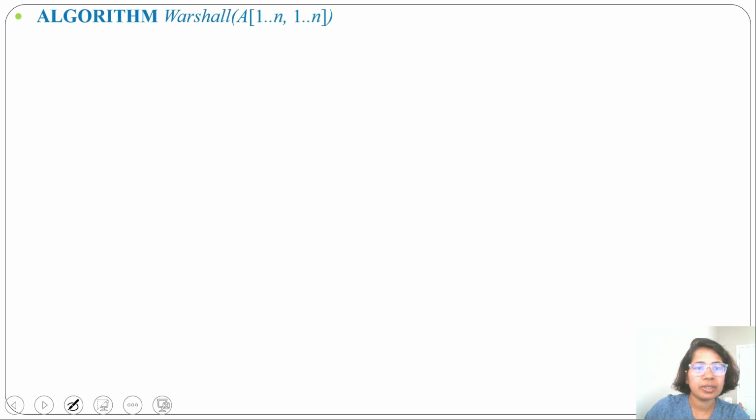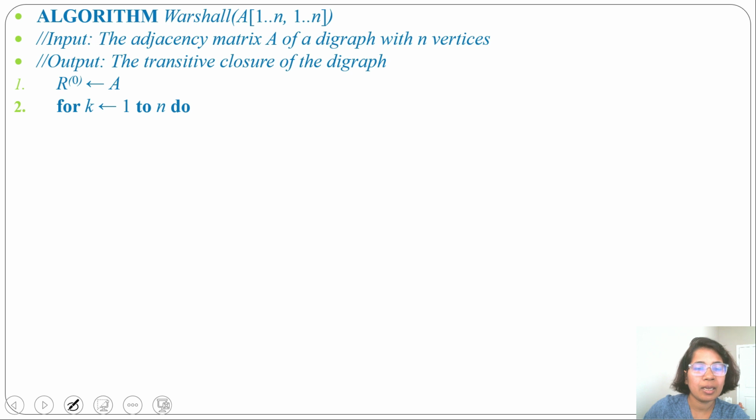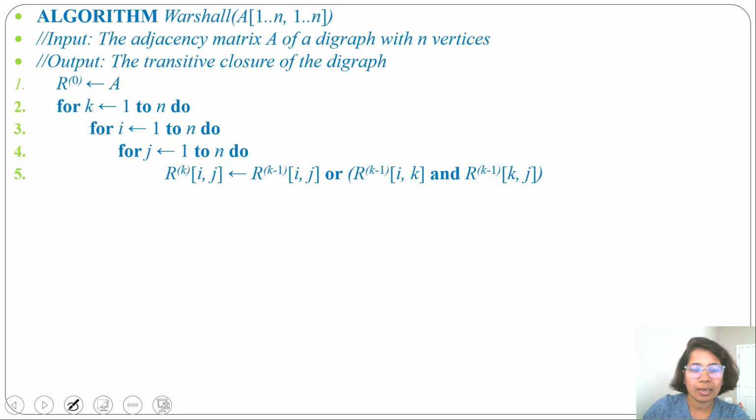Let's discuss Warshall algorithm. Input will be the adjacency matrix and output will be the transitive closure. R0 will be A, the adjacency matrix. For k from 1 to n, for i from 1 to n, for j from 1 to n, R^k[i][j] will be R^(k-1)[i][j] or (R^(k-1)[i][k] and R^(k-1)[k][j]).